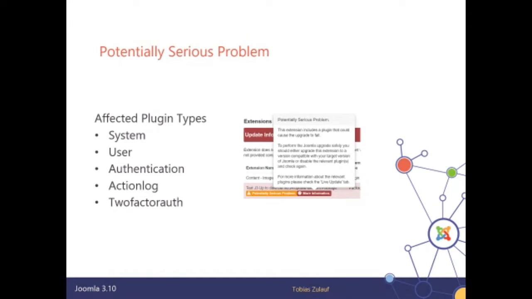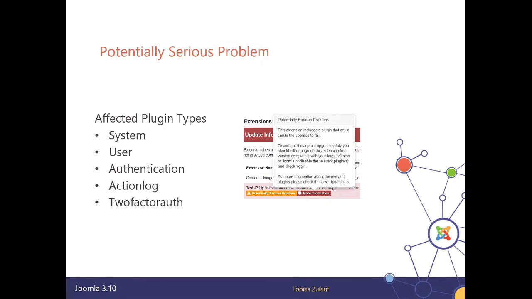But at the time also specific plugins or some plugin events of some plugin types can be run, and that are system, user, authentication, action log, or two-factor authentication. So when we find a plugin that doesn't tell the system that it's compatible with Joomla 4, then we issue that potential serious problem warning.